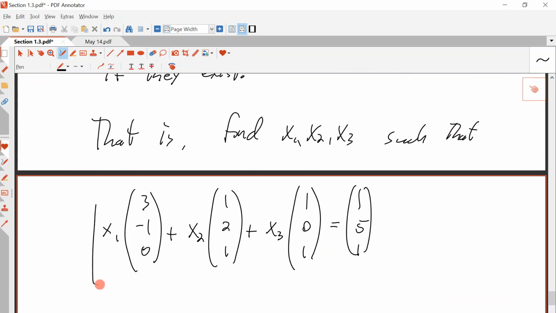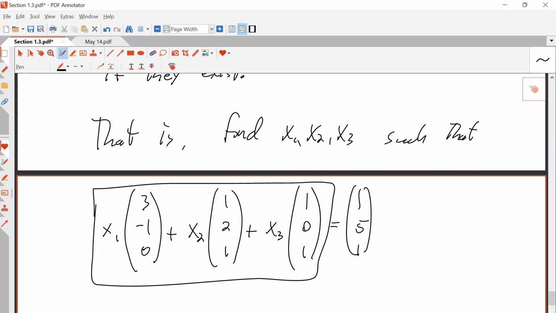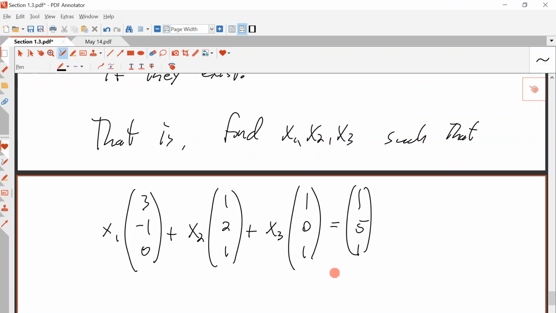This is a linear combination of those three vectors, and this is the result that we would like to have. Is (1, 5, 1) a linear combination of these vectors? Okay, well, what does this boil down to?